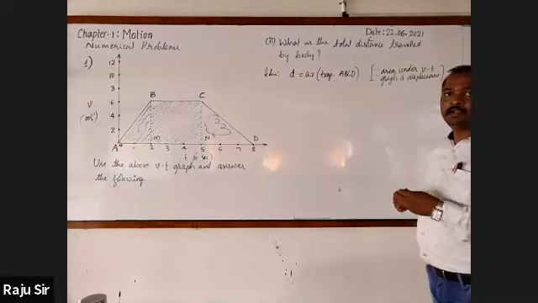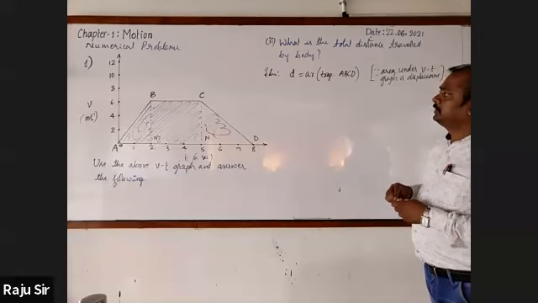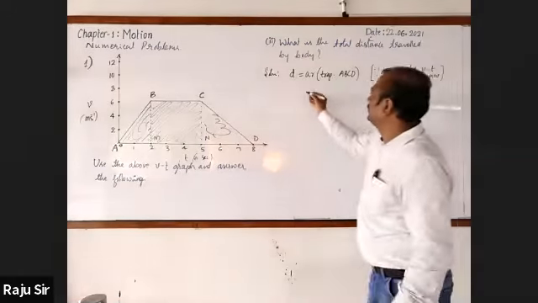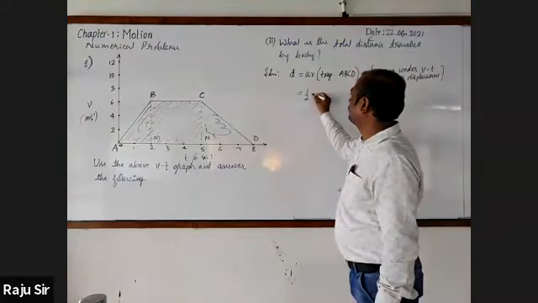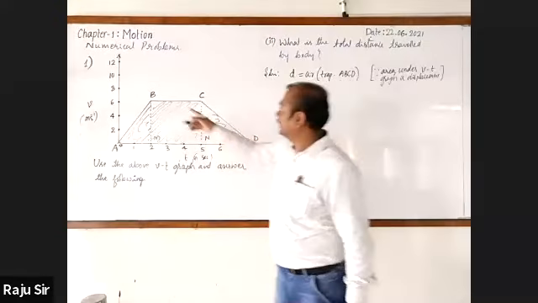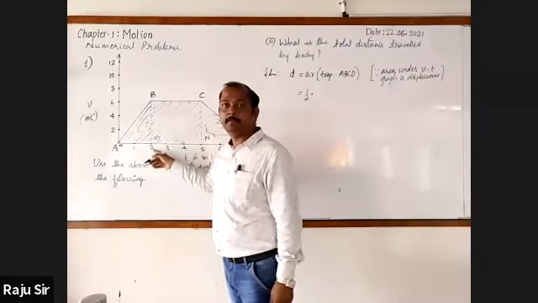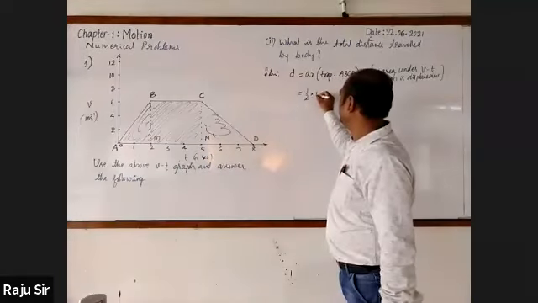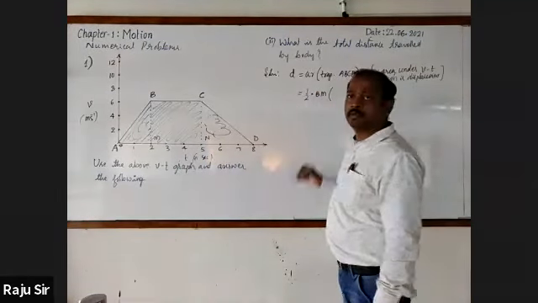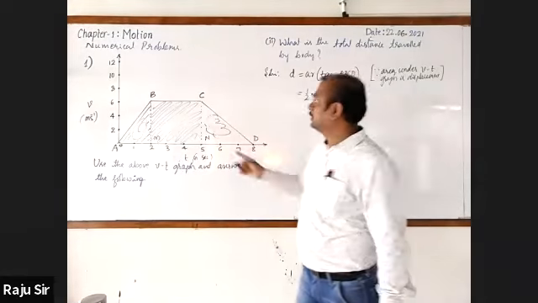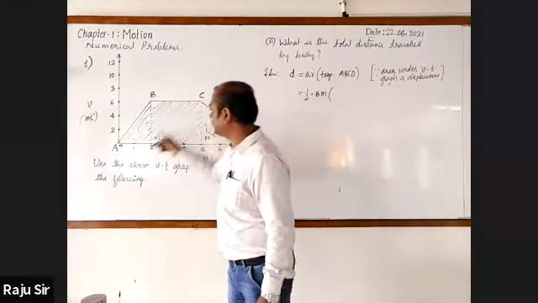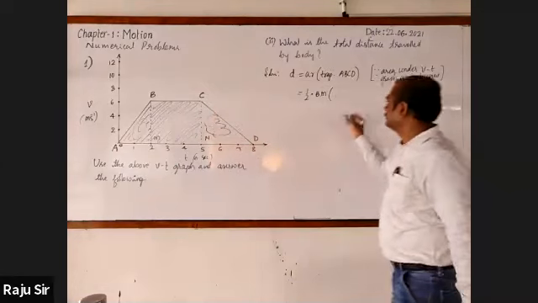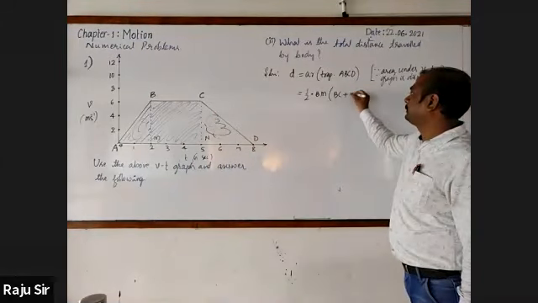Let's go for finding the area of trapezium ABCD. It is half into height. Height is BM, or you may take CL. BM into the sum of parallel sides. The parallel sides are BC and AD.